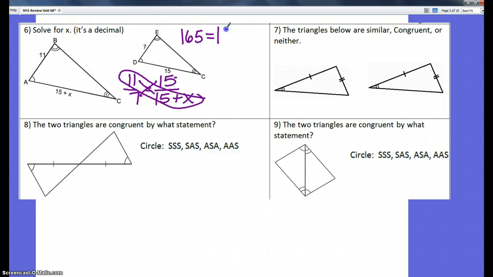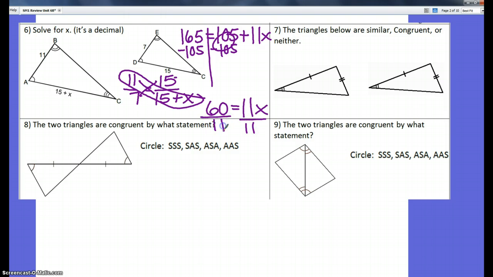So you'll get 165 plus 11x. So we solve, subtract 105, subtract 105. You get 60 equals 11x. Divide 11, divide 11.